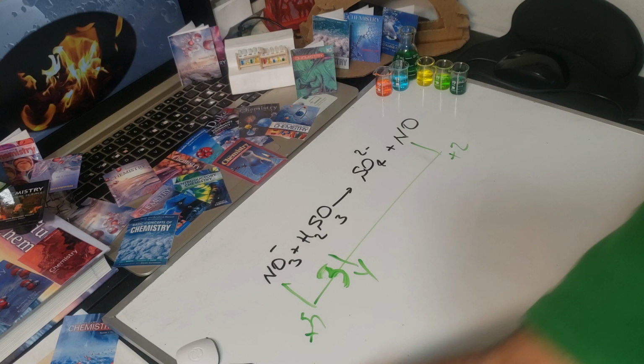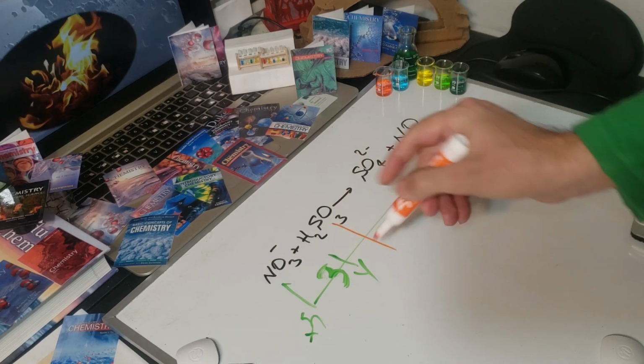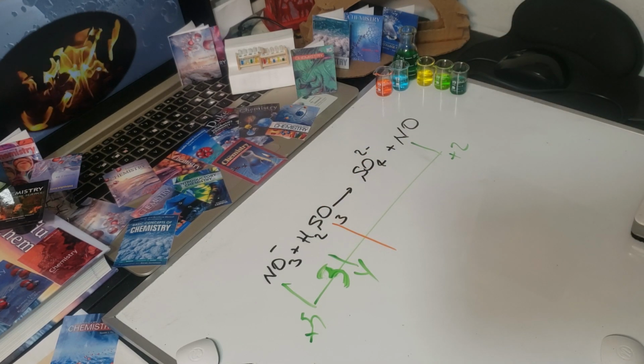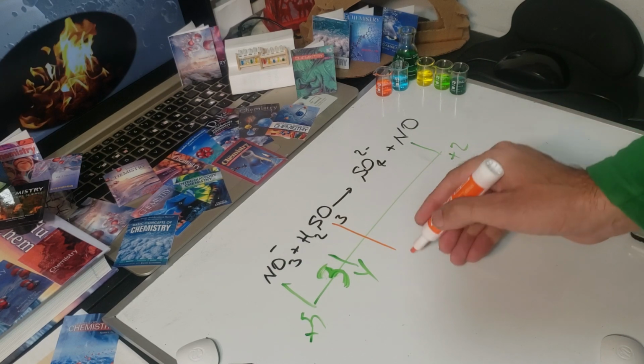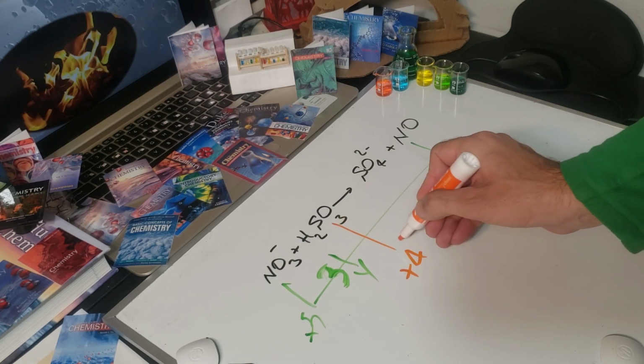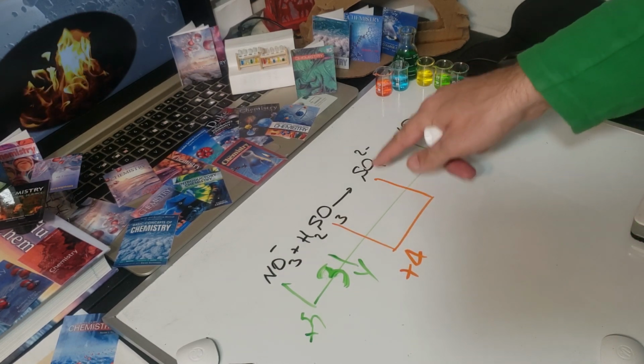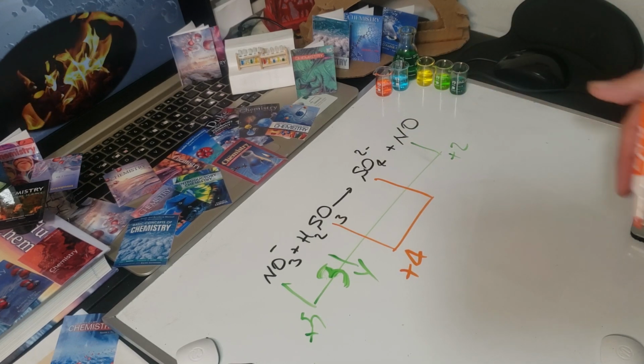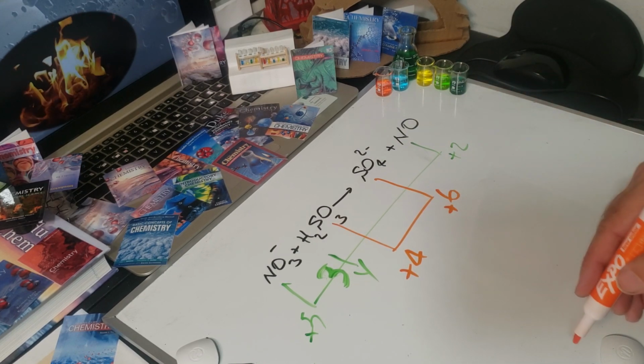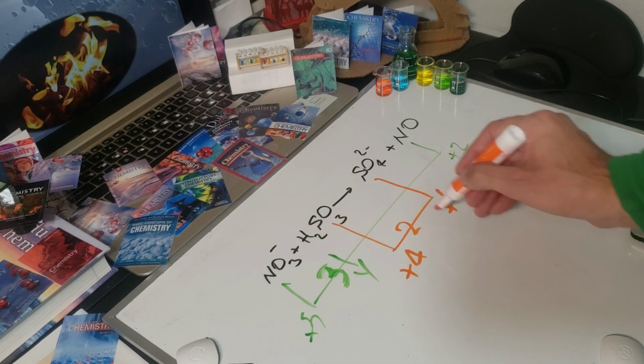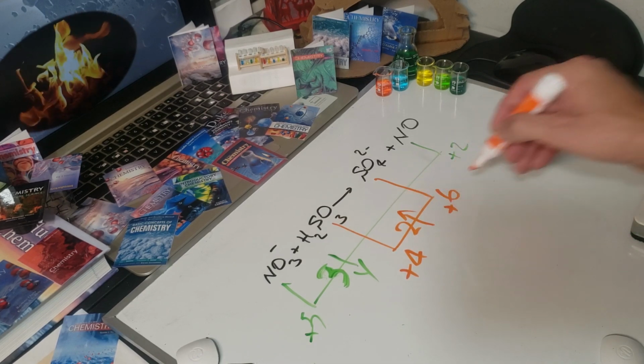And here, S plus 2 minus 6 is 0, so S is plus 4. S minus 8 is equal to minus 2, so S is plus 6. And it's a rise of 2.